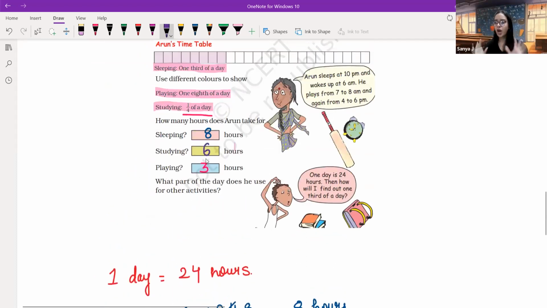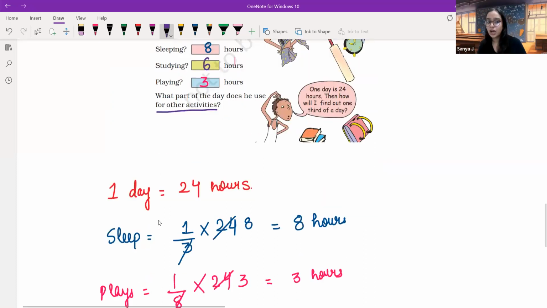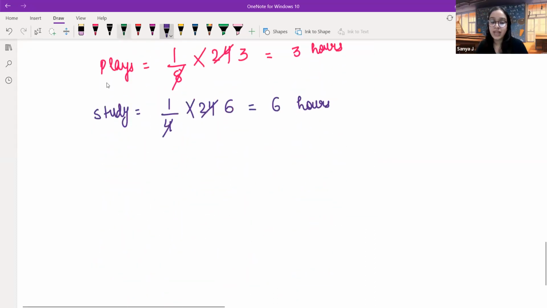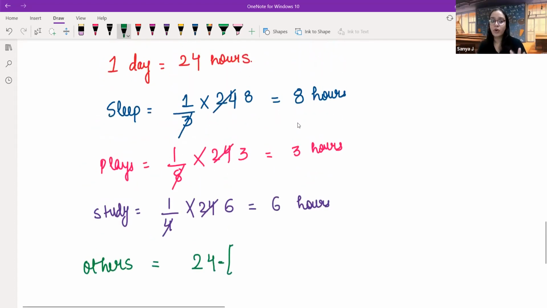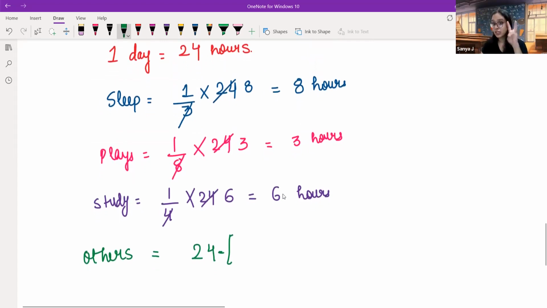Now that we know how many hours he devotes to sleeping, studying, and playing, let's find the answer for the next part. That is, what part of the day does he use for other activities? Now, in one day, we have 24 hours, correct? So let's find for other activities. We will subtract all the time that he devotes for these 3 activities, sleeping, playing, and studying, from 24.